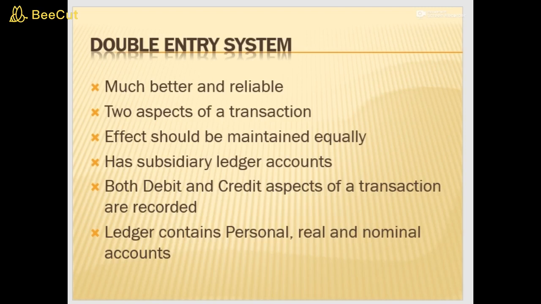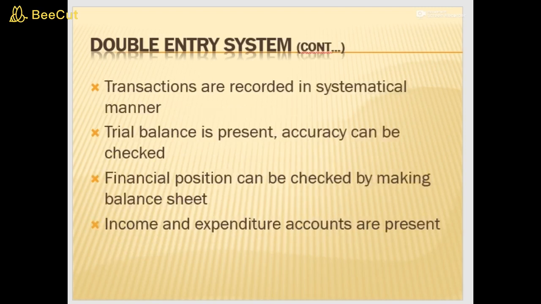With the help of that, we prepare different types of ledger accounts, and due to this the effect of all accounts is properly maintained. We can prepare subsidiary ledger accounts also. As I said, both debit and credit aspects of the transaction are recorded, so we prepare all personal accounts, real accounts and all possible nominal accounts.